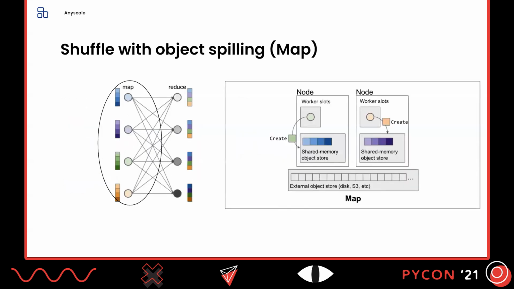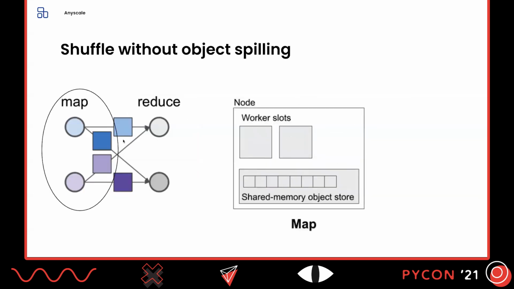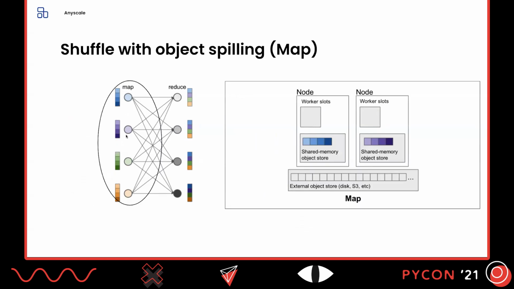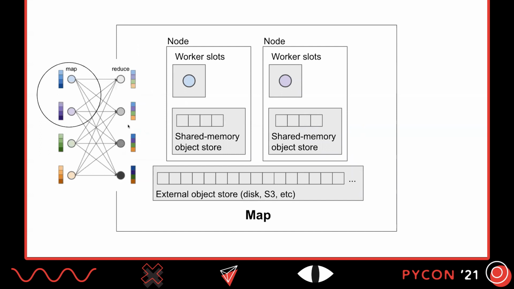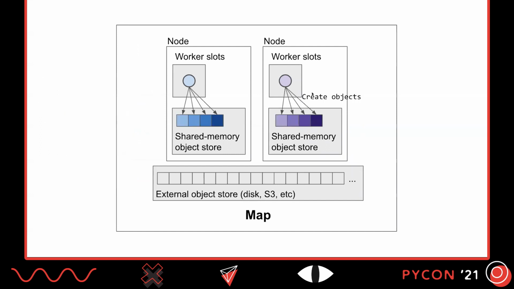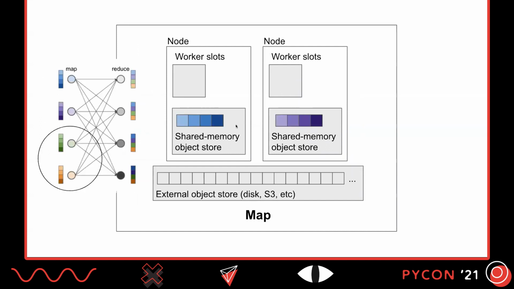Then how does it work when object spilling is required? Let me start from the map phase. Note that this is the same as this process, but it requires object spilling as there are more map tasks. So the difference is we have external storage here. So now these two tasks are scheduled first, and they create objects.